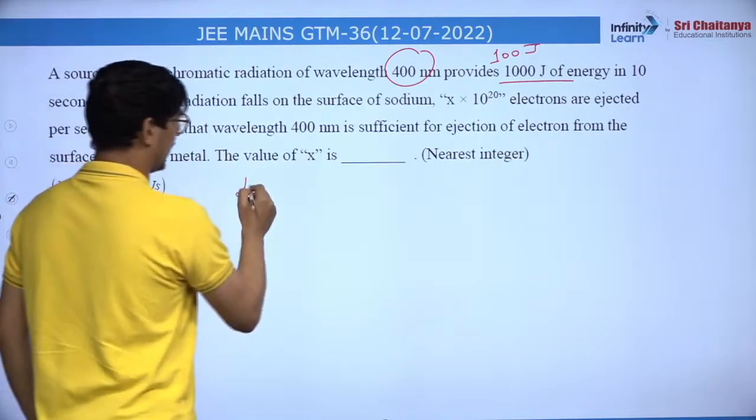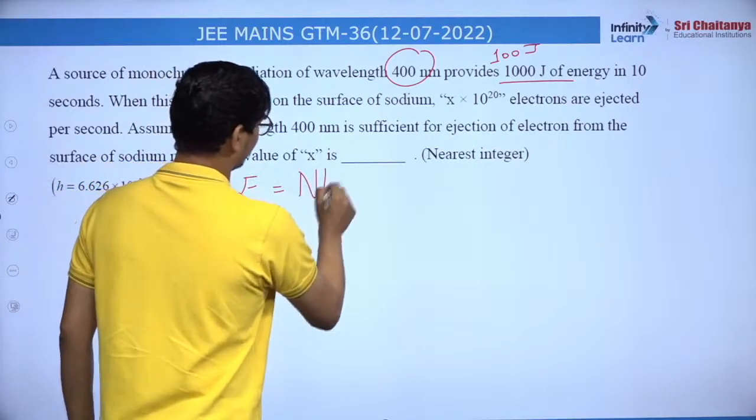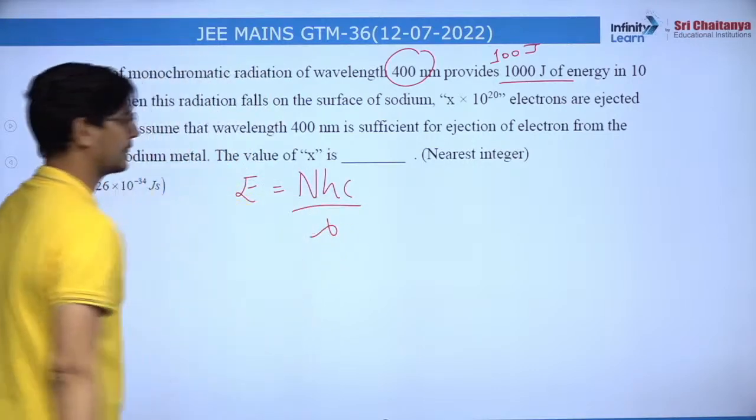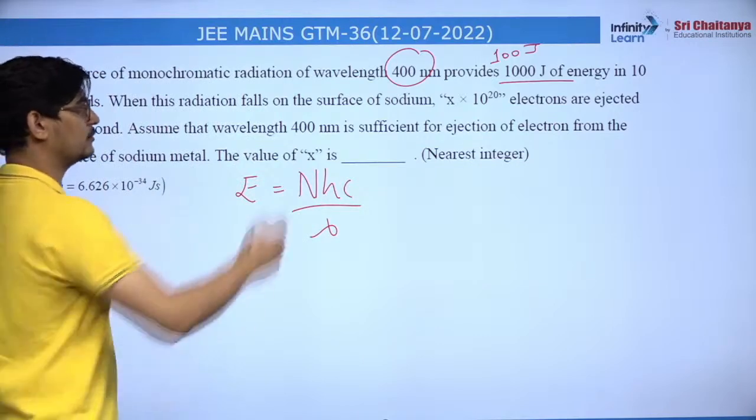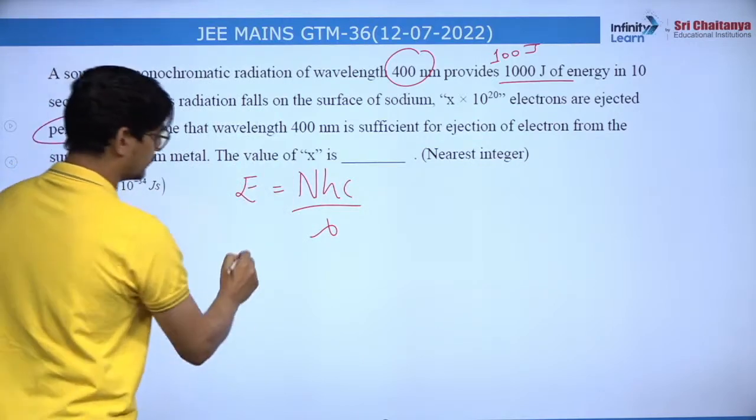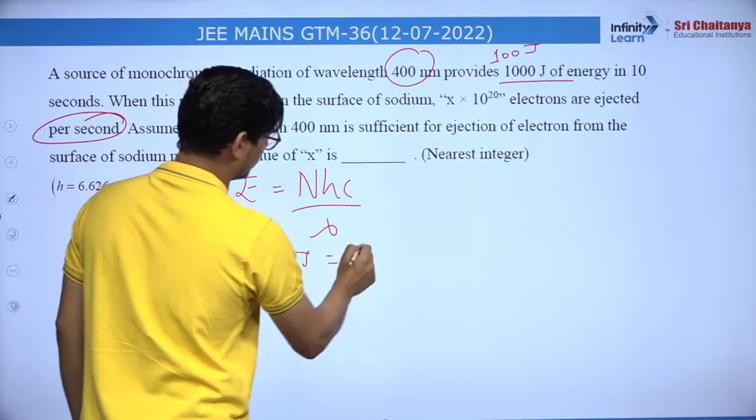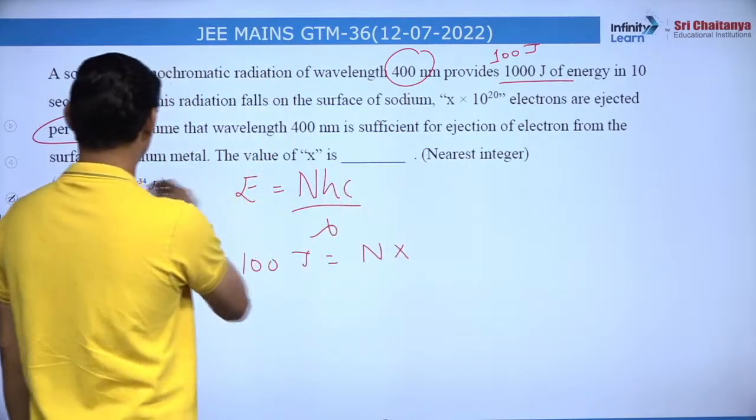So now from Planck's theory, E is equal to n hc by lambda. Very simple, right? Energy is 100 joule because we are talking about per second. Number of photons we have to find out. hc, you substitute the values.